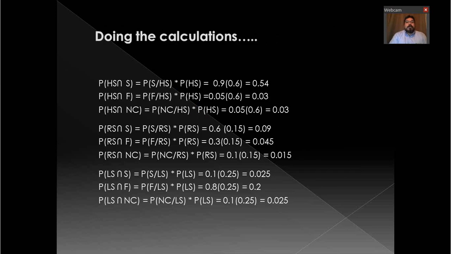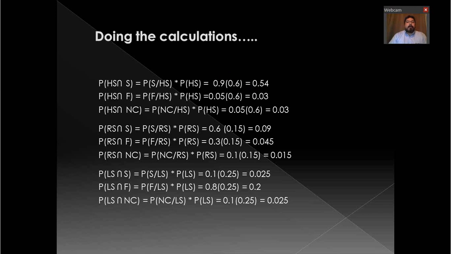Doing the calculation, we just multiply in the first equation the probability of success due high sales times the probability of high sales, and we find the probability of the intersection of high sales and success. This 0.9 and this 0.6 are in the data that the problem gave us as the initial information.